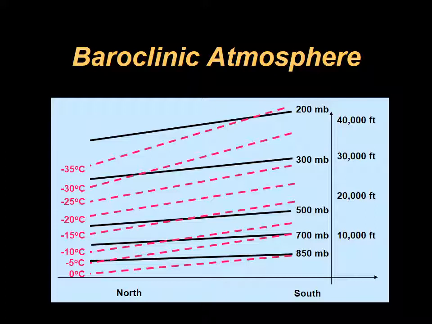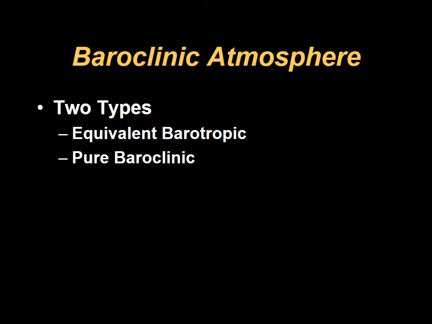And these pressure lines are pressure surfaces in the atmosphere. Now, there are a couple of different types of baroclinic atmospheres, actually. There's one type that's called an equivalent barotropic. I know that sounds kind of strange. And then there's another one which is purely baroclinic. And we're going to look at the equivalent barotropic atmosphere in more detail in future videos.